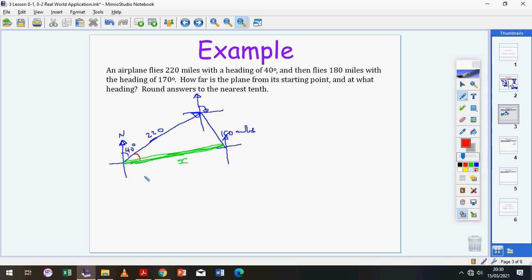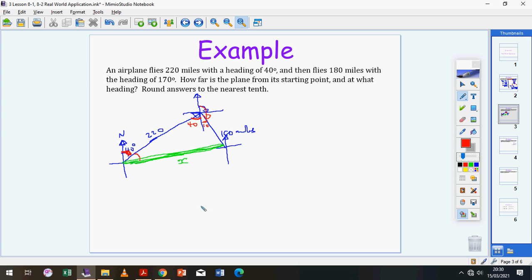So I can do some geometry to figure out the sum of the angles. Since this is 40 degrees over here, and alternate angles are equal, this angle inside here will also be 40 degrees. And I've been told that all the way here is 170 degrees, so the inside part here is 10 degrees, because I only need 10 to make 180.